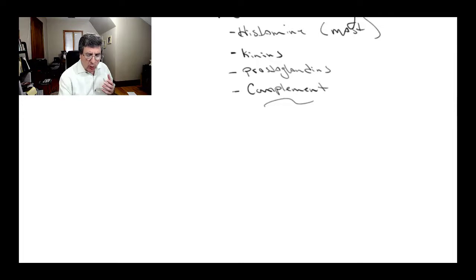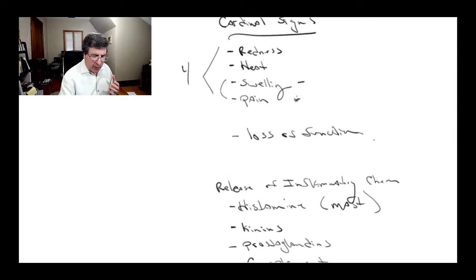So the last one: where's the pain coming from in this case? We did redness and heat, we did swelling. Now, where's pain? Well, if we have increased fluid buildup in an area, it presses on nerve endings, and that can cause pain. If you hurt your shoulder, and I come around and say, hey, poke, poke, poke, you're going to say, ow, that hurts.